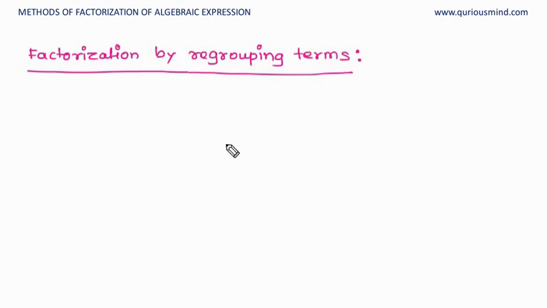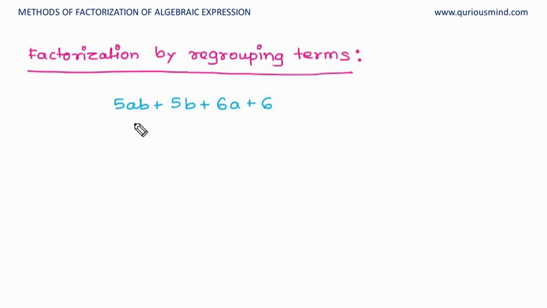And maybe there we can use this method. Let's take an example and see how we use this method. So we have an algebraic expression 5ab plus 5b plus 6a plus 6.